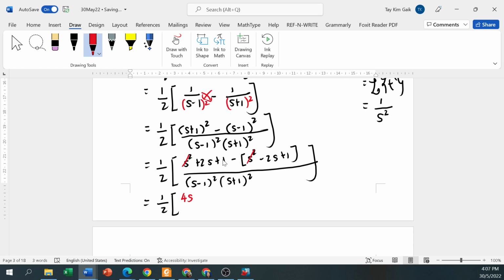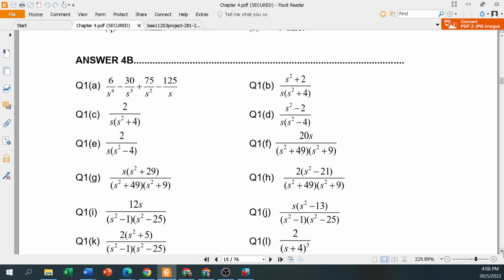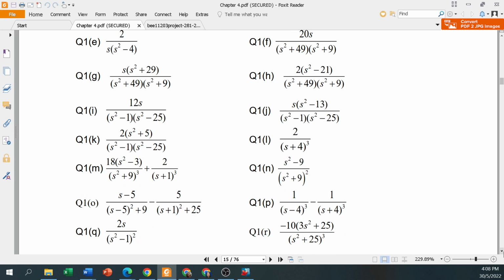Numerator 4s, divided by the denominator, which I didn't expand: (s minus 1) squared (s plus 1) squared. So my answer should have s over (s minus 1) squared (s plus 1) squared.